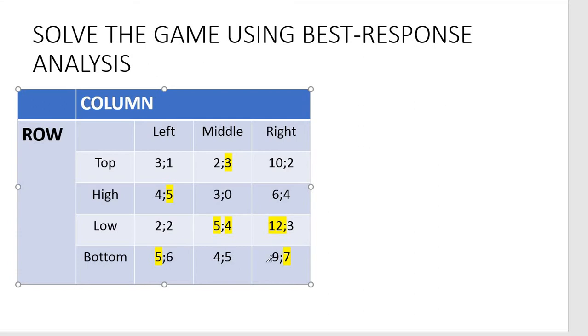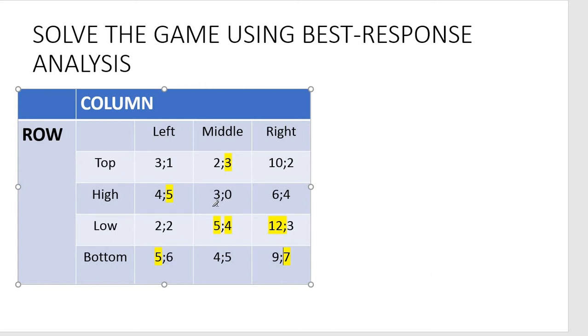Then the first player gets 9 instead of 5, and the second player gets 7 instead of 4. However, such a change would require some cooperation between those players, which is not assumed, because we assume simultaneous games with the lack of interaction and with no awareness about decisions made by the other player.